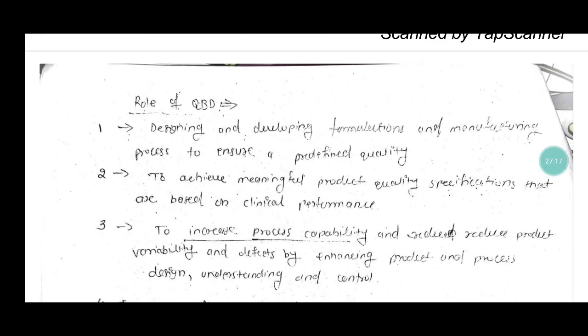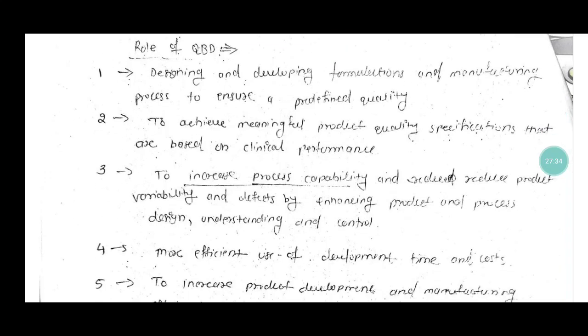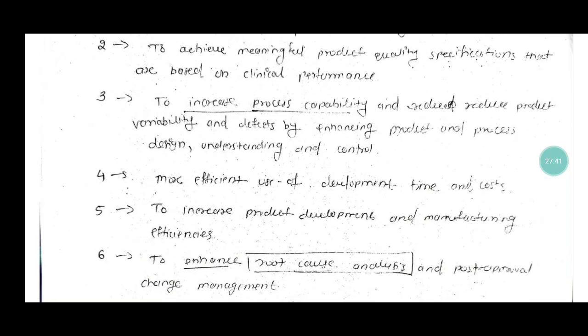The role of QBD: designing the formulations and manufacturing process to ensure predefined quality, to achieve meaningful product quality specifications based on clinical performance, and to increase process capability and reduce product variability and defects by enhancing product and process design understanding and control.